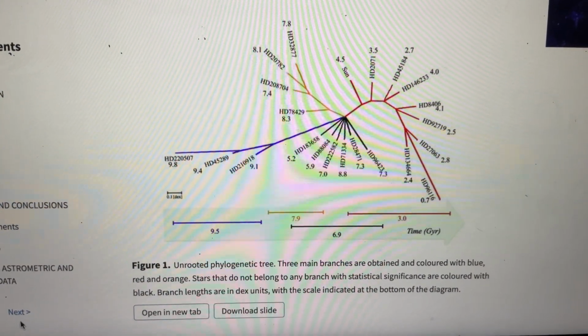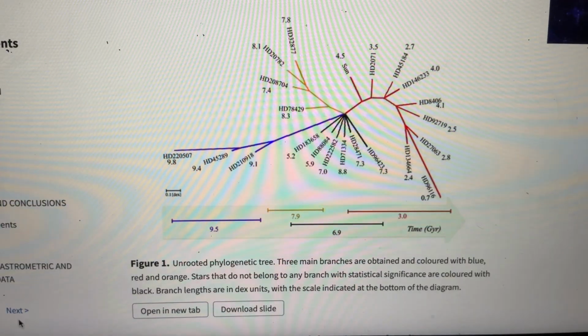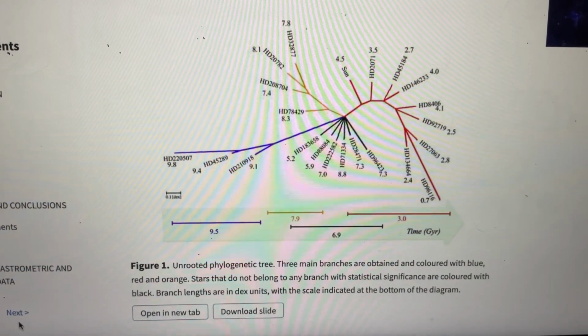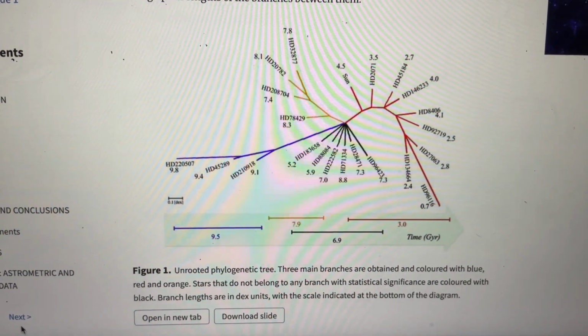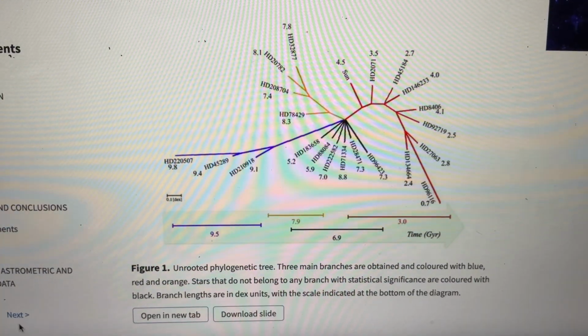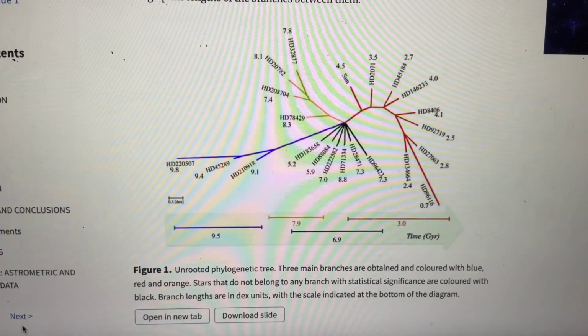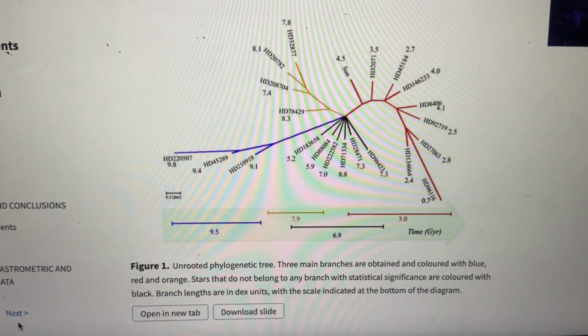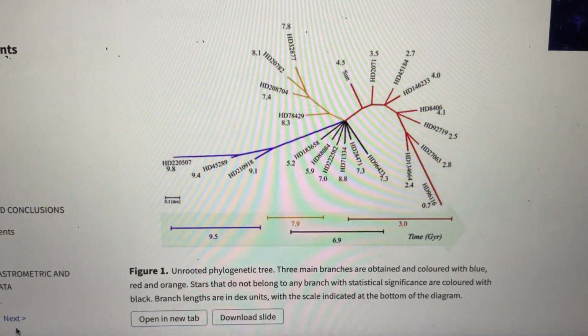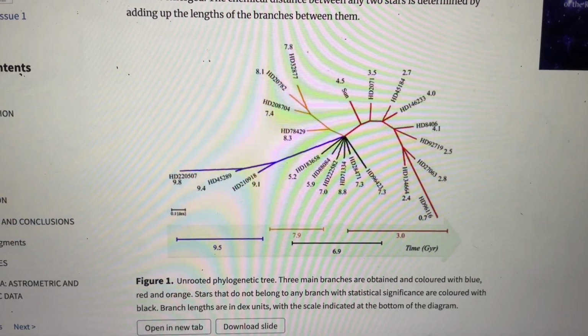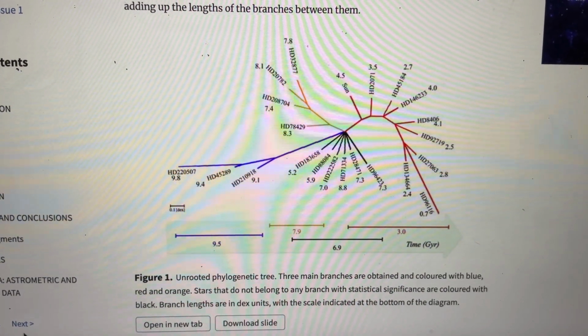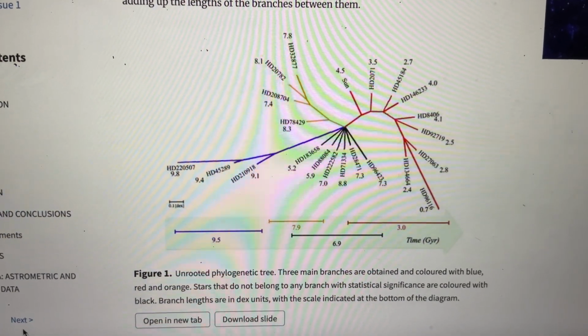So there are clades here that share more recent common ancestors. The cluster of the red branches on the side represents a clade of stars that are more closely related to each other than the other stars on the tree, such as the black or the orange.